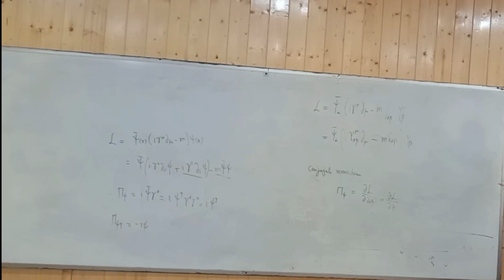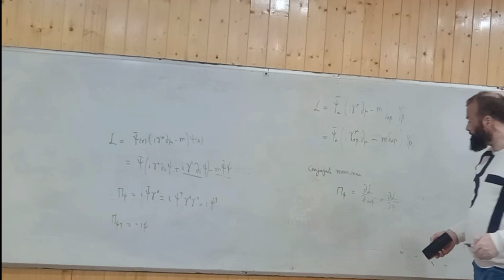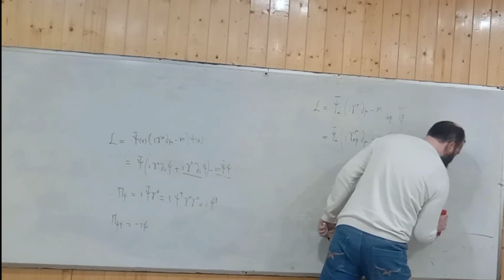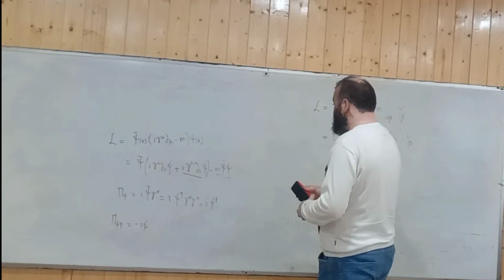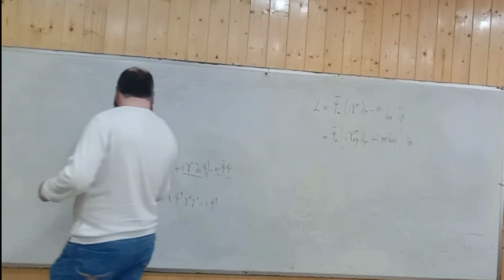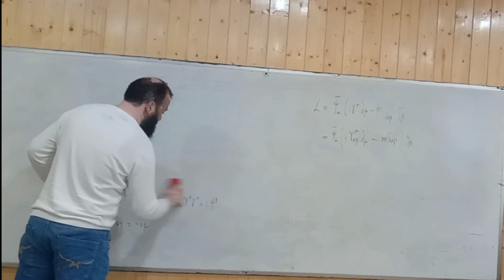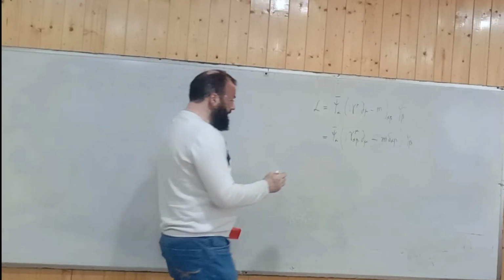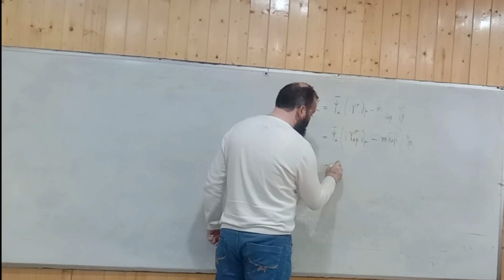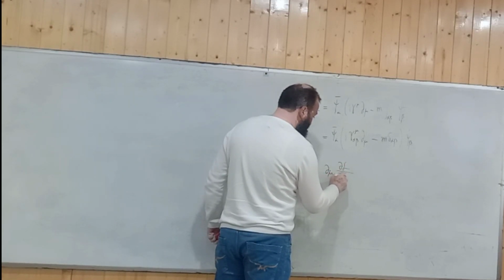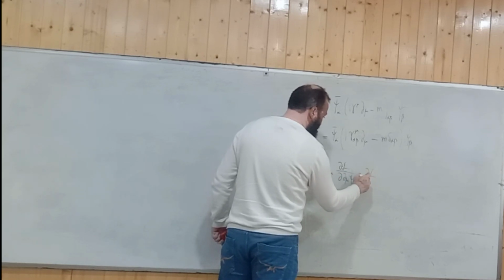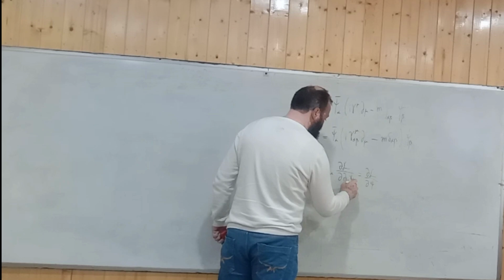Let's calculate the equations of motion. So what are the Euler equations? You have partial mu, partial L by partial mu psi alpha, equal to partial L by partial psi alpha.